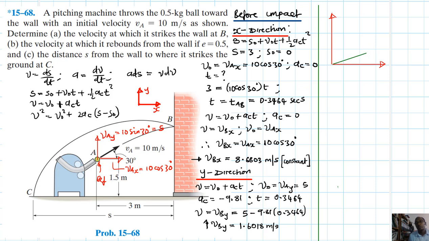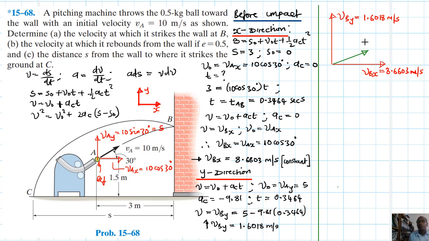Expect the resultant maybe to be closer to that, right? So this one is V_BY, and this is 1.6018. Okay, and this one is V_BX, and is equal to 8.6603 meters per second.